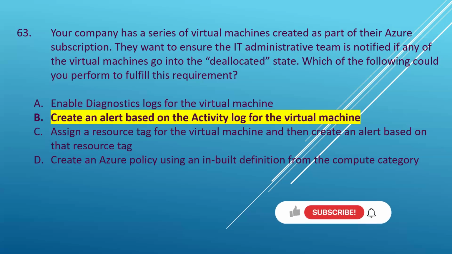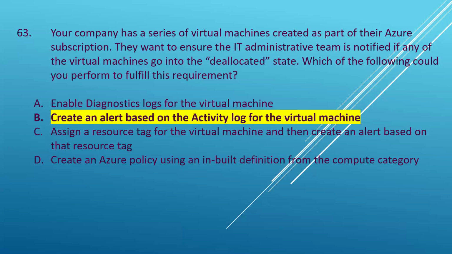As with previous questions, now let's look at why the other options are not correct. Enabling diagnostic logs for the virtual machine would provide detailed monitoring and troubleshooting information, but does not specifically address the requirement of notifying the IT administrative team about the deallocated state.